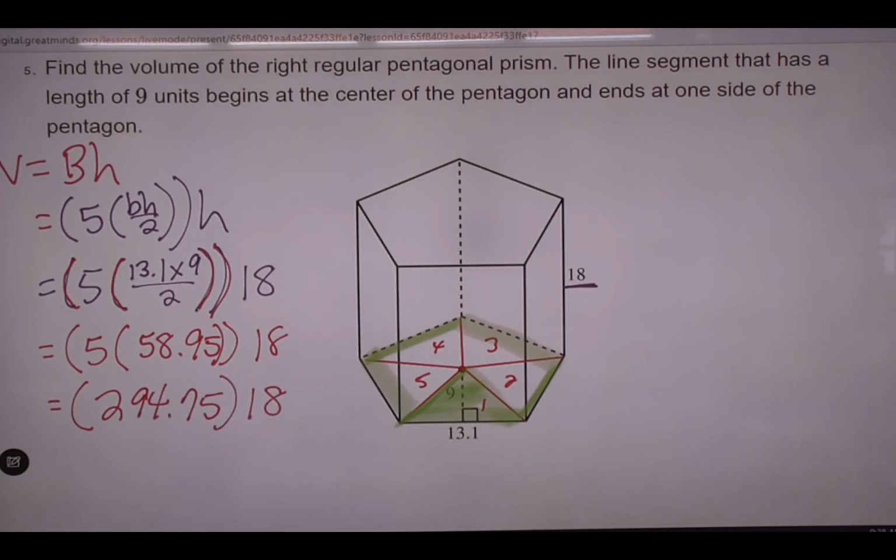So that's the area of my base. And then I multiply that times 18 to give me the volume of my whole solid. It's going to be 530.55. And this has no units. It doesn't give me inches or meters or anything like that, so it's just going to be units cubed.